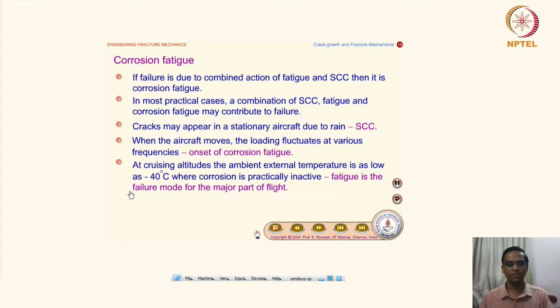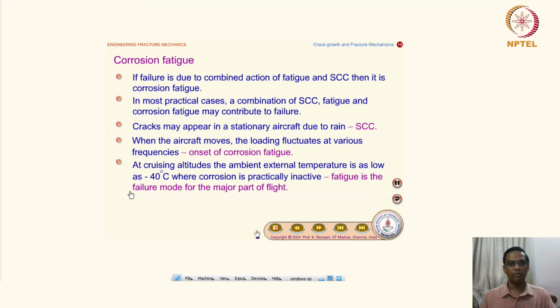But when it combines with other parameters like an aggressive environment, or tensile versus cyclic loading, then the property will also change, because in fatigue loading a material will fail much below the yield strength which is predicted by the simple tensile test. That is why people do fatigue. Creep also will fail at a much different load than what is predicted by the tensile behavior. Similarly, even corrosion fatigue will be very different from normal fatigue without an aggressive environment.